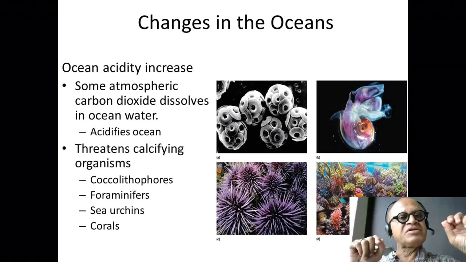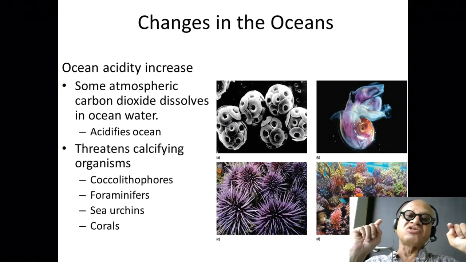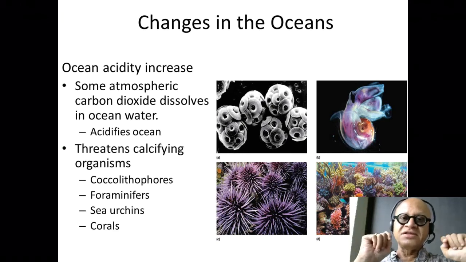The same thing happens here. So the calcium carbonate has to be saturated enough that they can maintain the shells. But these calcium carbonate shells dissolve if you move the pH down towards more acidic waters. And that is the problem.